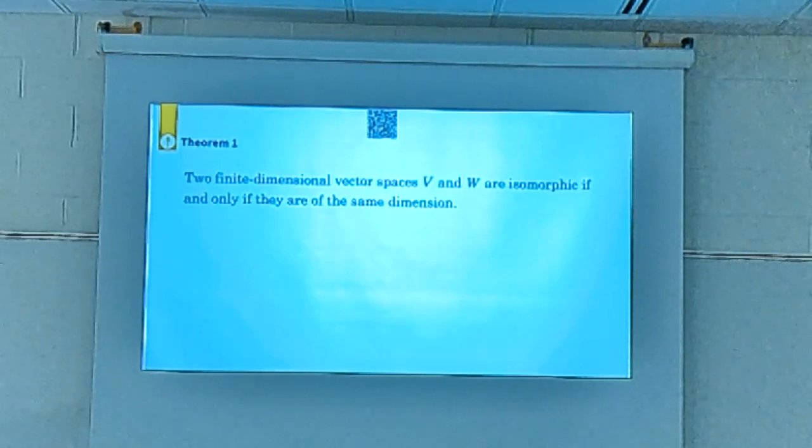Typically, then, if we know the dimension of a vector space, say P3, what's its dimension? What's the dimension of P3? 4. We treat it like R4.